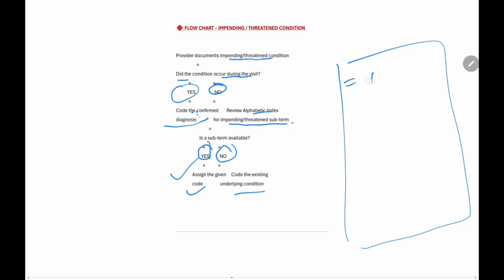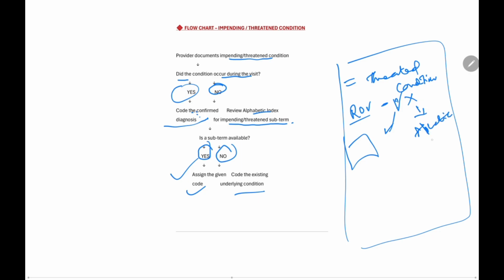Okay. So basically what they are saying, you will see the document. In the document, the doctor will write a threatened condition. So what we will see is the reason for visit, is it there or not? If it is there in the reason for visit, then we will write the name of that condition as it is in the question. If there is no definitive diagnosis, we will always go to the alphabetic index.